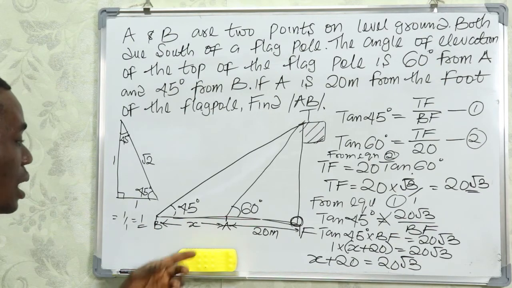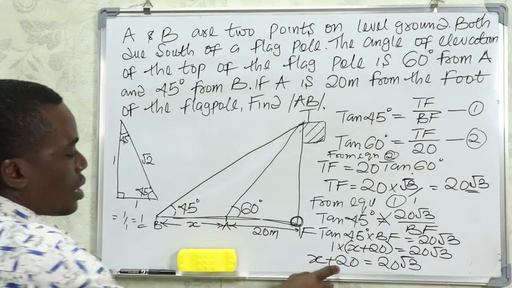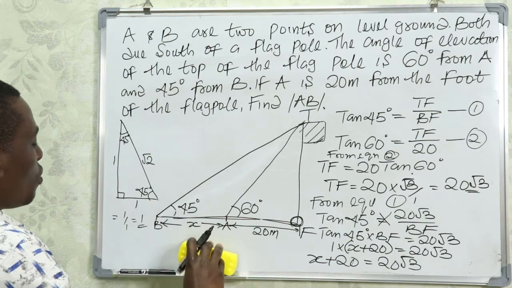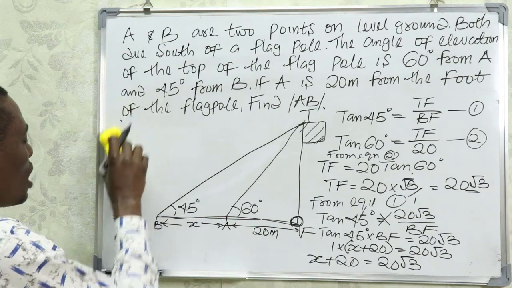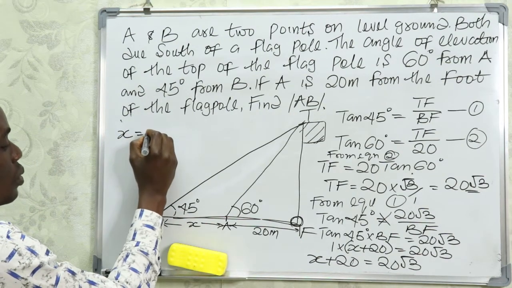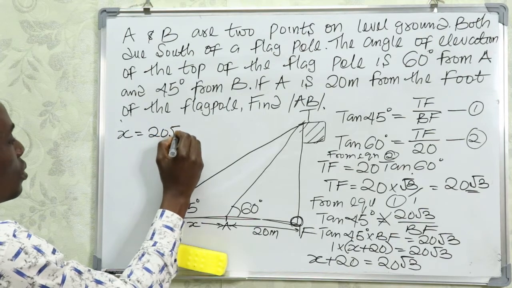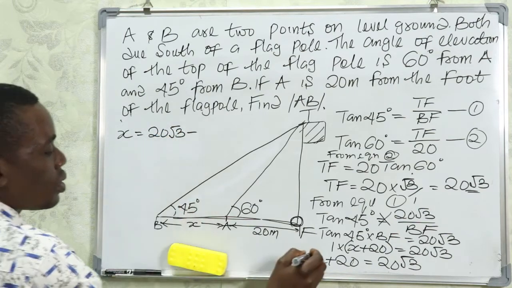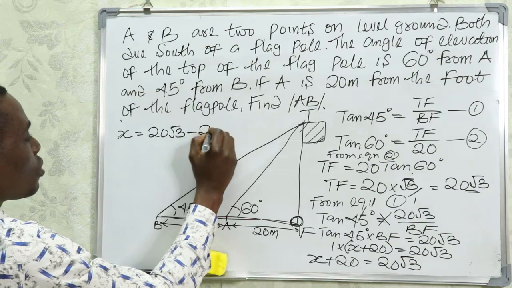So to find AB, if we simplify further, our x will be equal to 20 root 3 minus 20.